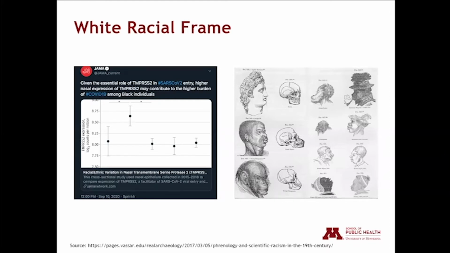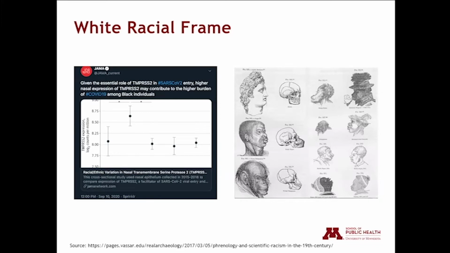These ideas and this racial framing allow us to more easily be complicit in the inequities that we see, because it allows us to say these are things so innate to these populations. I can take no responsibility. There's no policy change that can really make things different. And so we fall into this trap of thinking that either the differences we see are biological and we can't do anything, or that in some cases they are unique to this population, and this population has to think about ways that they themselves can address these issues.